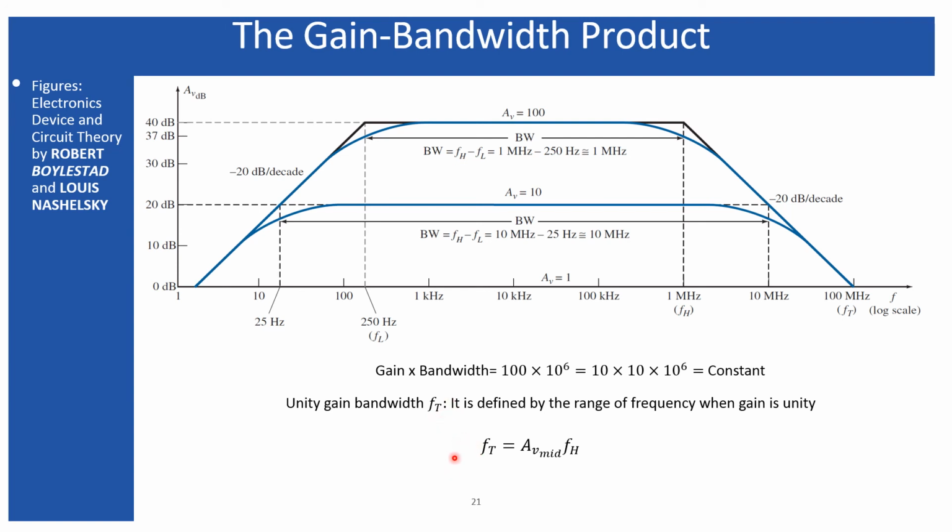So with gain equal to 1, 1 times ft is equal to the midband gain times the bandwidth when you are considering the midband gain, because the gain bandwidth product is constant always. So ft directly can be related with the gain at any point and the corresponding bandwidth.